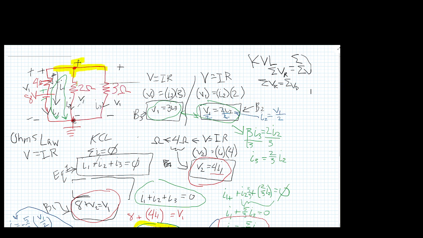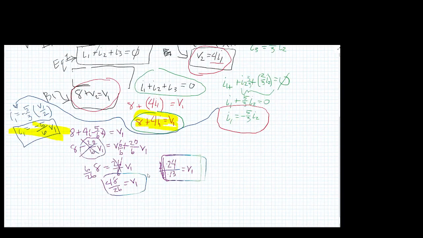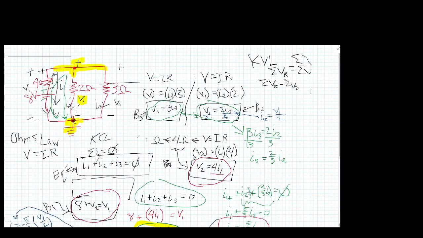And from there to the ground, regardless of which node you go through, your voltage is V1, where V1 turned out to be 24/13.